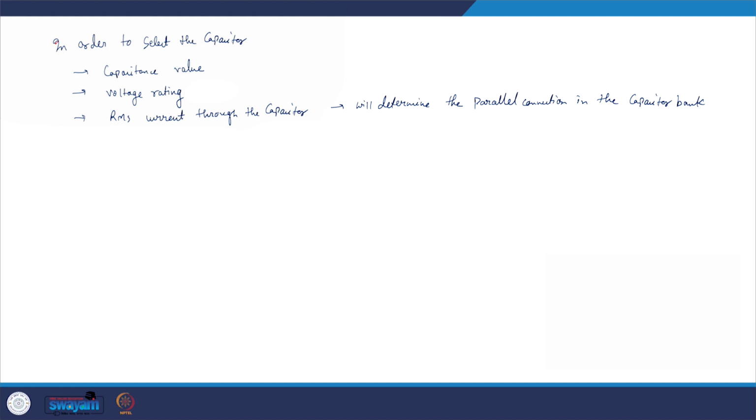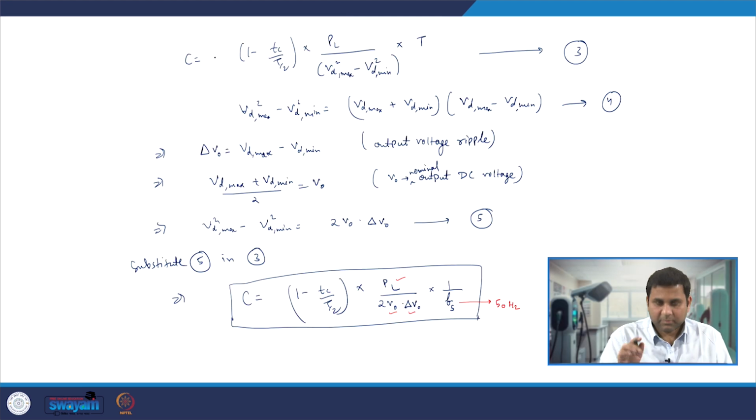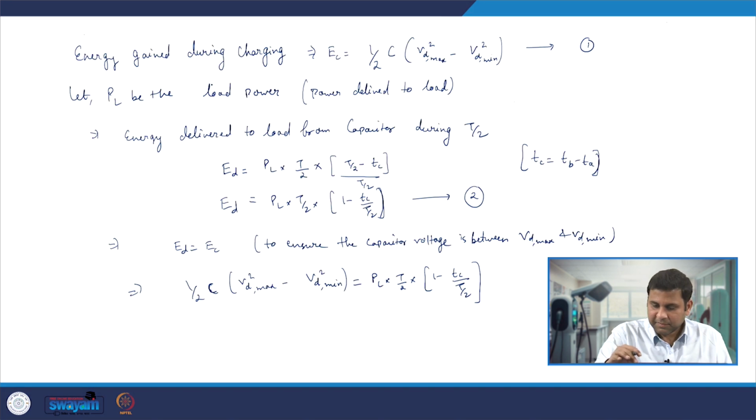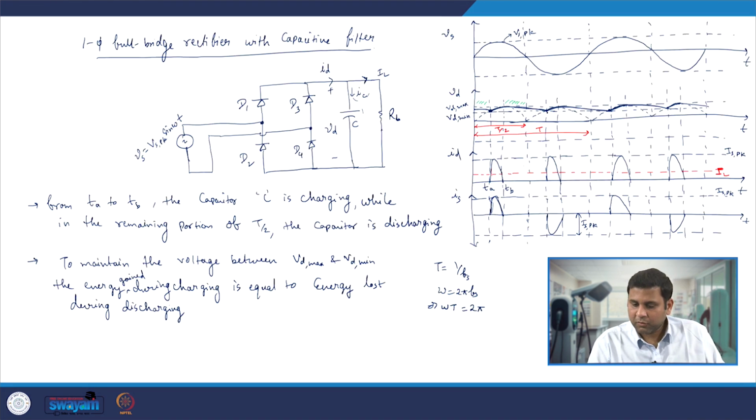Since we already have this capacitance value as mentioned in this expression, and also the voltage rating. If we see the voltage rating, this capacitor has to withstand the voltage which is going between VDC max and VDC min.